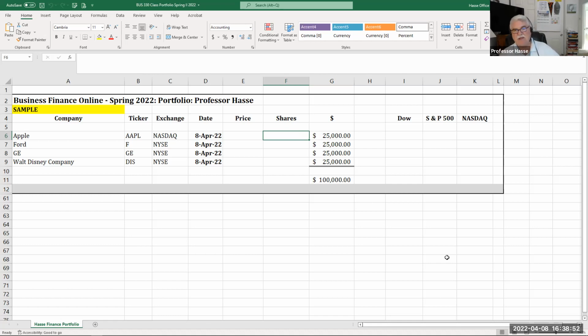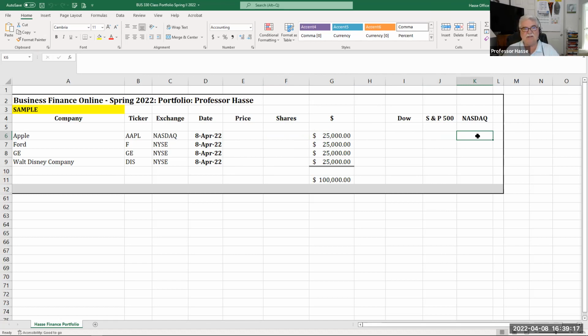You also define the indexes, the Dow Jones Industrial Index, the S&P 500 Index, and the NASDAQ Index, which are indicators of overall market performance. The S&P 500 is defined in this week's Blackboard, week number 1. The Dow Index is defined in week 2. The NASDAQ Index is defined in week 3.